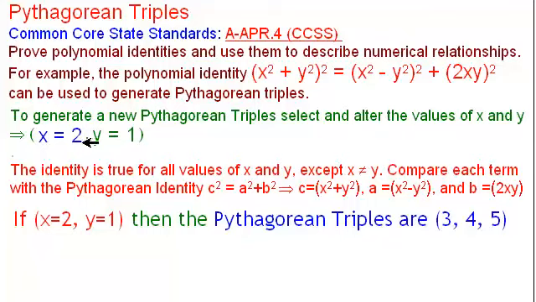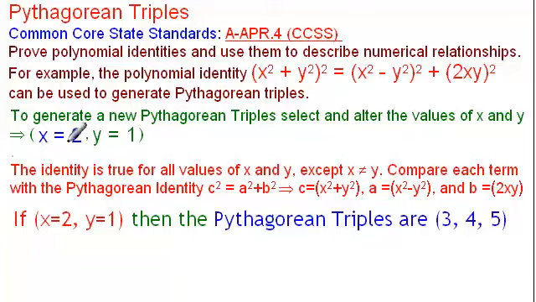So this is the first example, when x is 2 and y is 1. Let me plug in these two values and let us see what the first Pythagorean triple is. I'm going to use my pen and discuss.